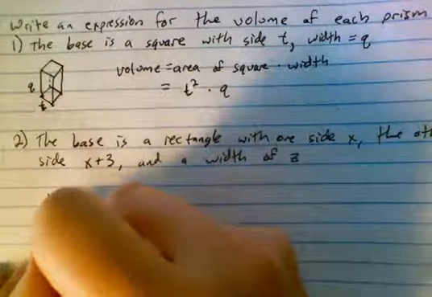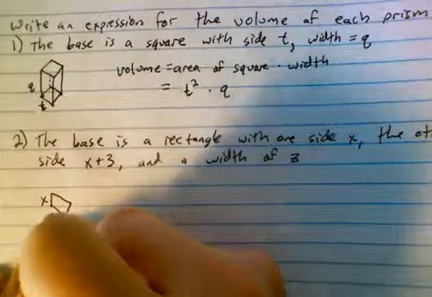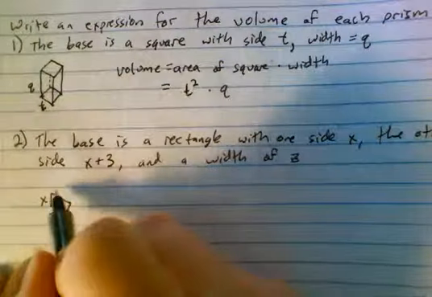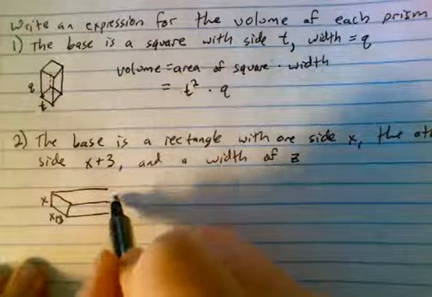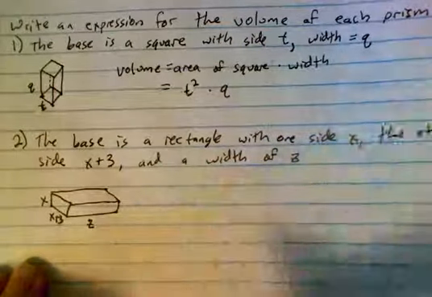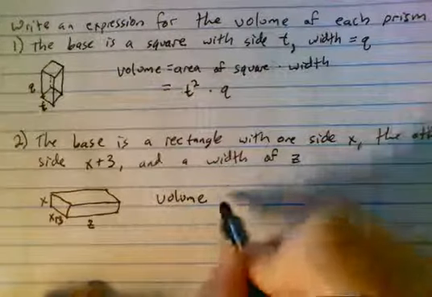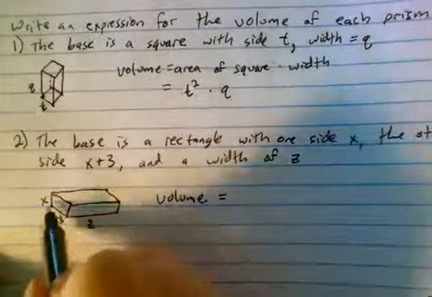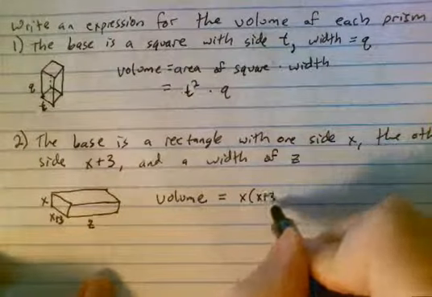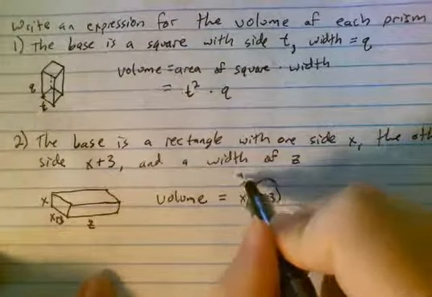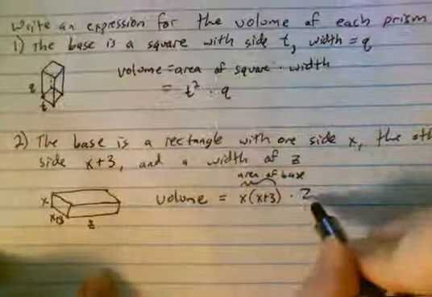So here's a rectangle. One side's x, one side's x plus 3. And then the width, we'll let that be z. So our volume is just going to be the area of the base times this z, which is the width.